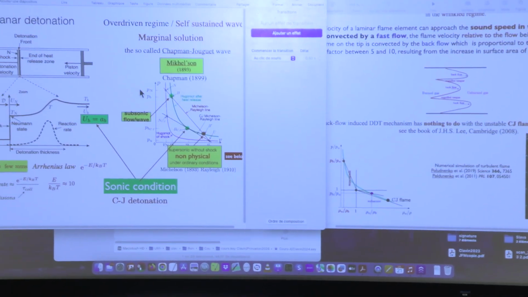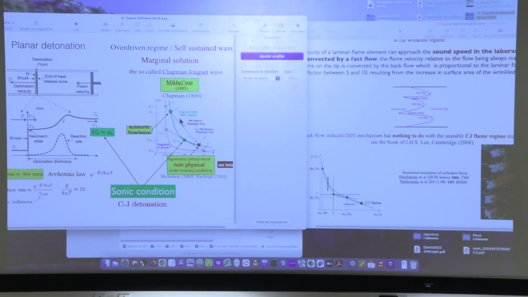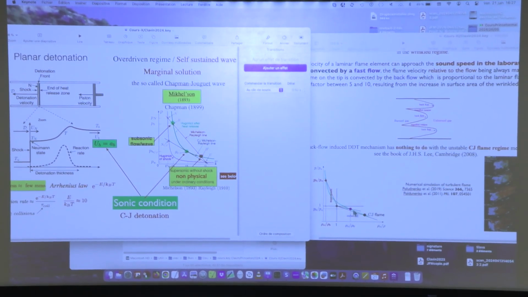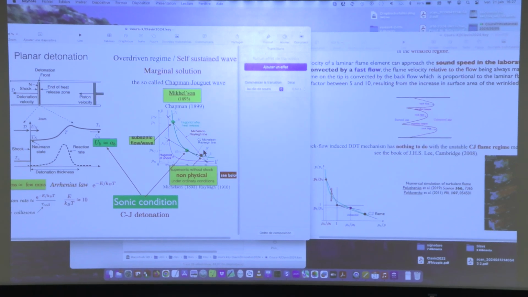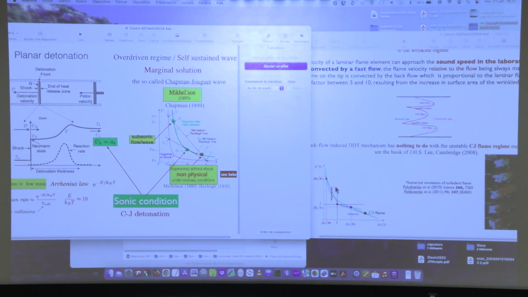Okay. Yes, you see, this part here is this one. Now, the Hugoniot after heat release goes below the initial point here.